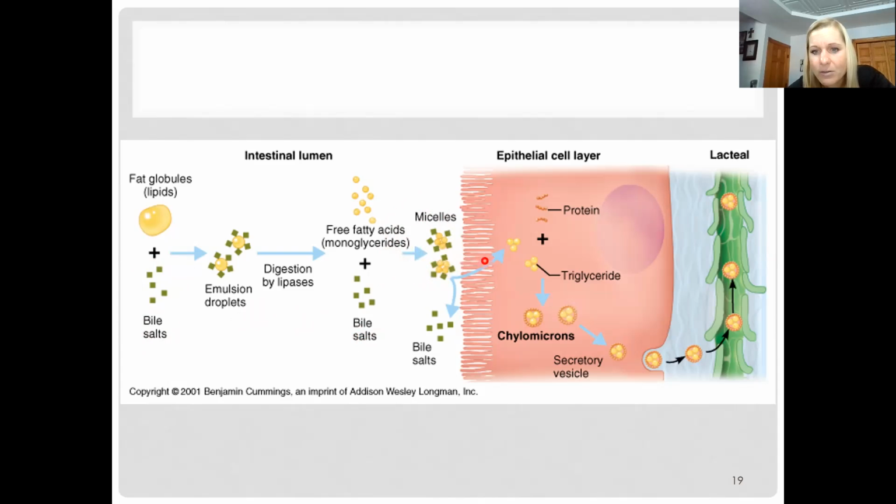Here, they're going to cross through the intestinal membrane, or the epithelial cell of the intestine. And those fat molecules are going to be dumped into the lymphatic system, which is shown here. Okay. Again, don't worry about the details of this image for this class. It's just extra info here.